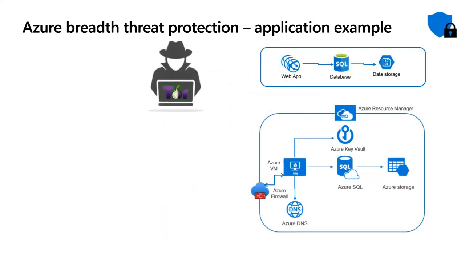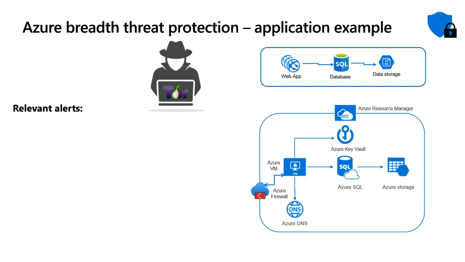Okay, so now I'm going to show you an example of a possible attack sequence and see how Azure native breadth protection can help us to identify and prevent such attacks.